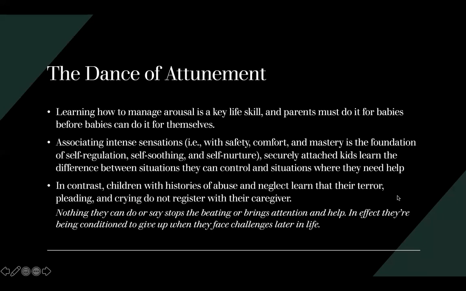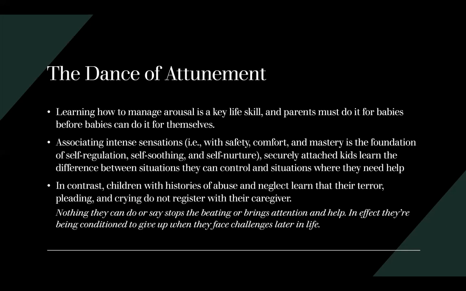And then again, attunement. So we're learning how to manage arousal. Emotions are inevitable, but the expression, the acknowledgement, the knowledge of emotions, as we know, as we're working with our own clients and having our own lived experience, family and friends, varies quite a bit.